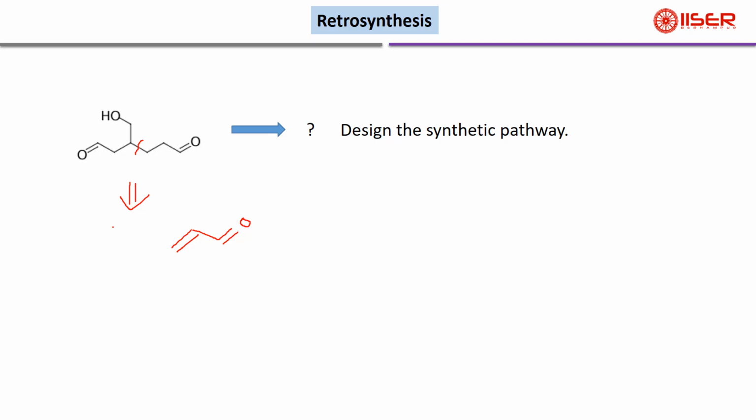There is a positive charge, and the positive charge can be compensated by this alpha beta unsaturated compound, and you can generate a negative charge here.